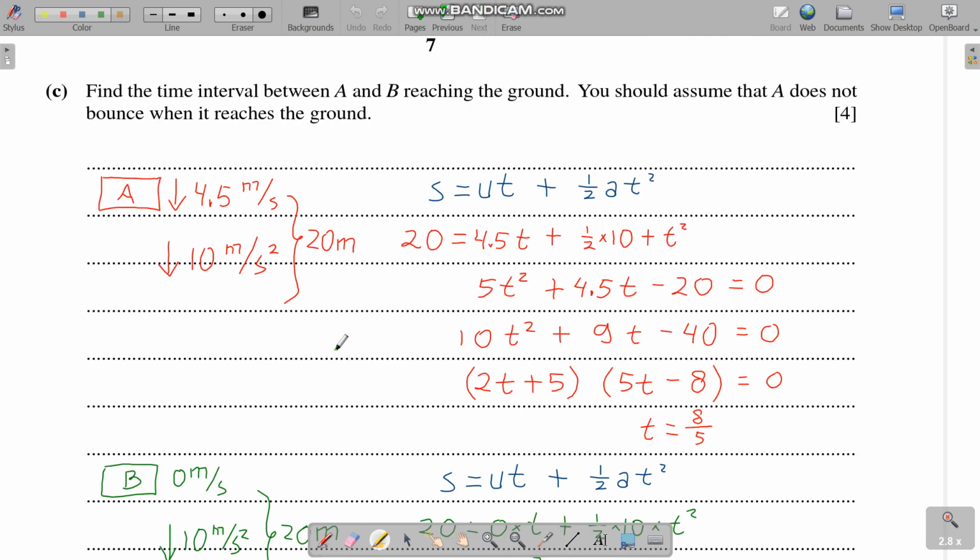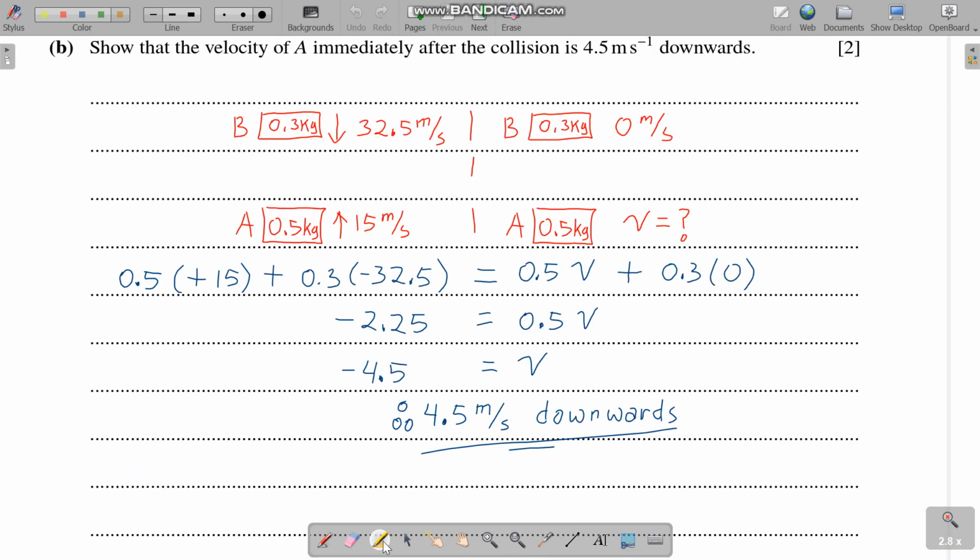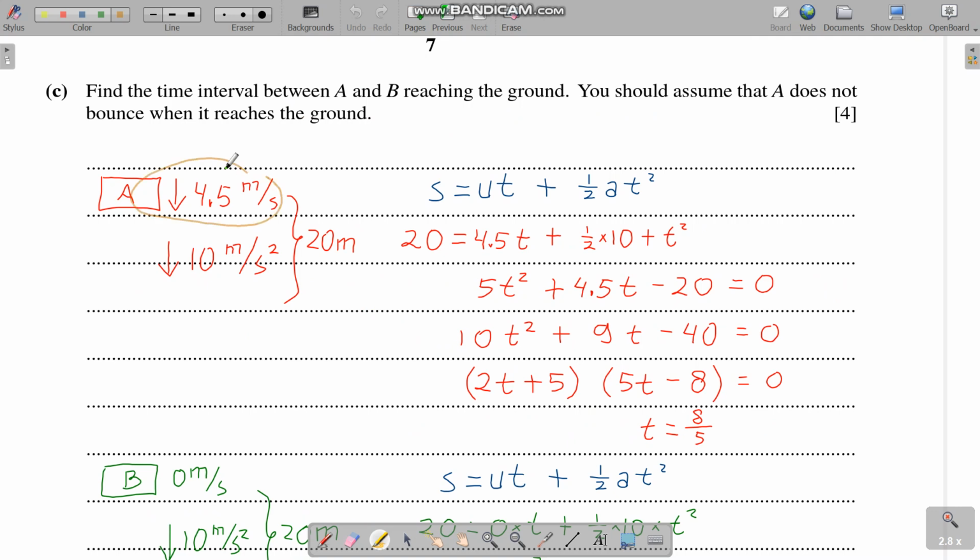Now find the time interval between A and B reaching the ground. For A, we know that after the collision, it is going downwards with velocity 4.5 meters per second. This is the acceleration, also downwards, and it's going downwards 20 meters because the collision happens at 20 meters above the ground. So to fall back to the ground, it's traveling 20 meters downwards.